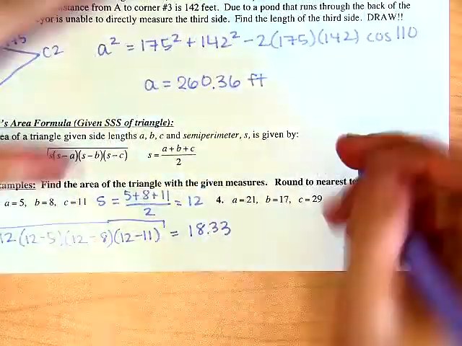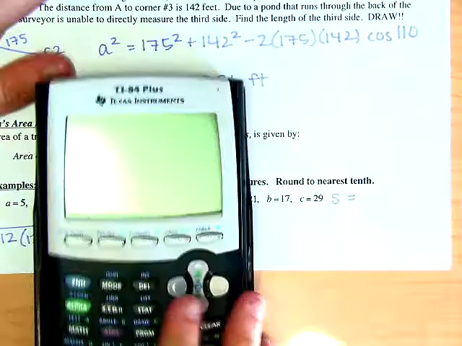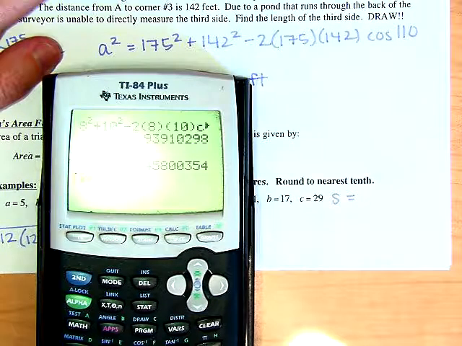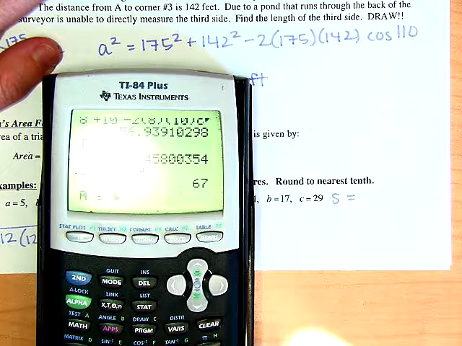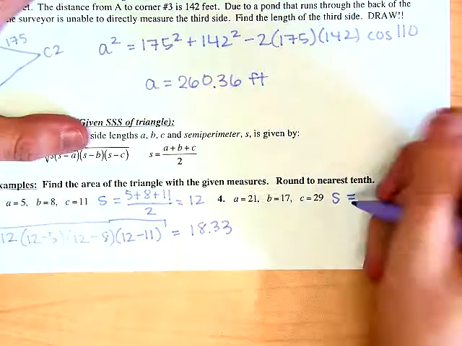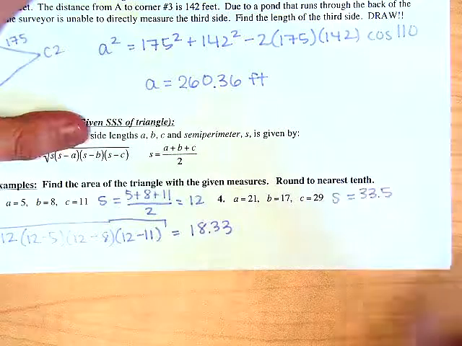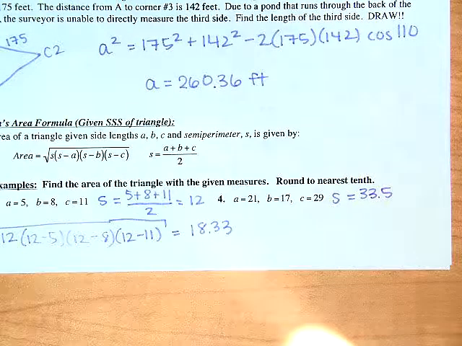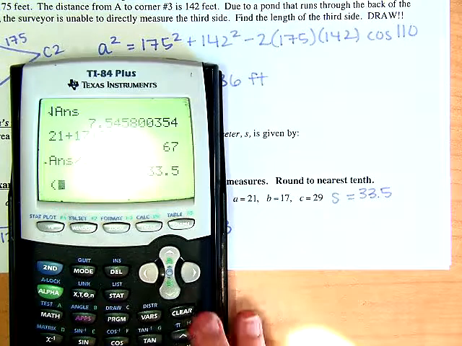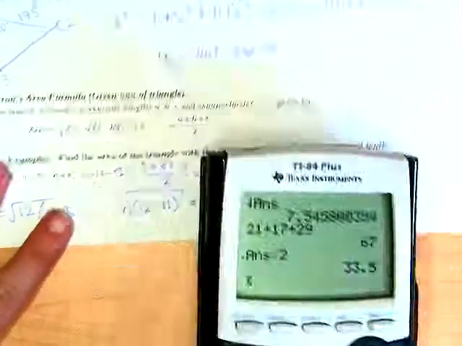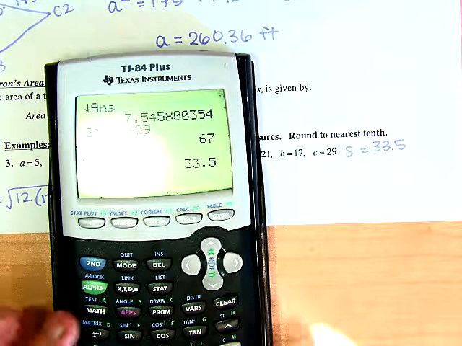Second one, do the same thing, S. So add these three together, 21 plus 17 plus 29, divide by 2, and I get 33.5. Well, that's not as nice of a number. And then for this, my formula is the first one, so 33.5.